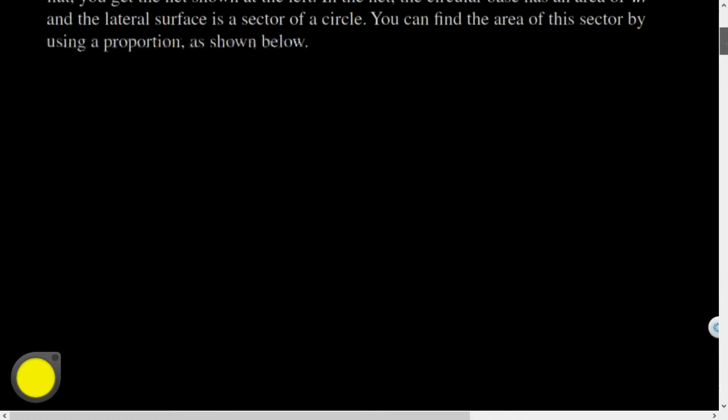Before we get too far, let's just talk about surface area real quick. If I have a cube, we've talked about the idea that you could unfold the sides and represent that cube in a net.